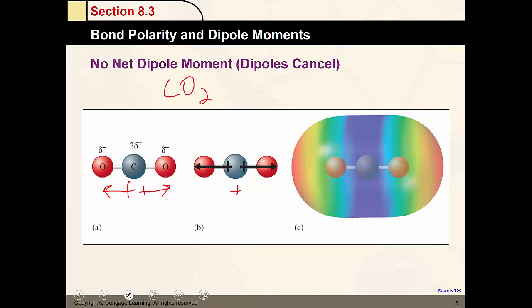So even though there is an electron-poor region in the middle with carbon, it's balanced out by the two electron-rich regions on the sides by each oxygen. Since it's symmetrical, those dipole moments cancel out. So even though CO2 contains polar bonds, that does not mean that it is polar.